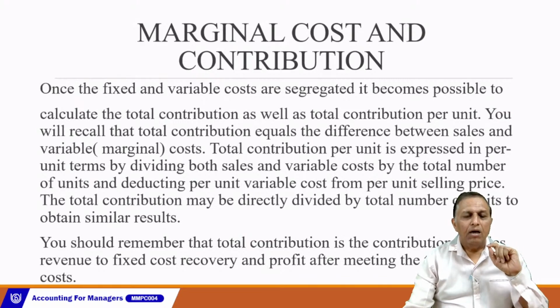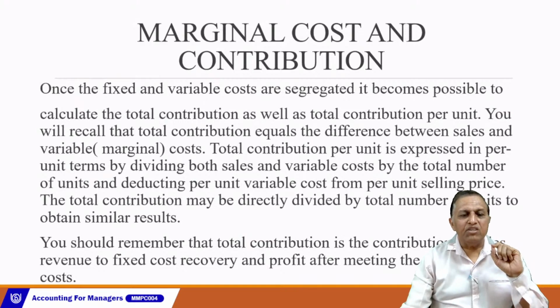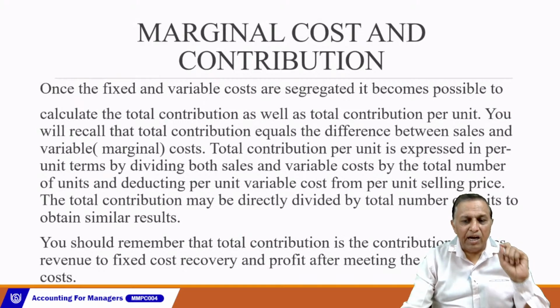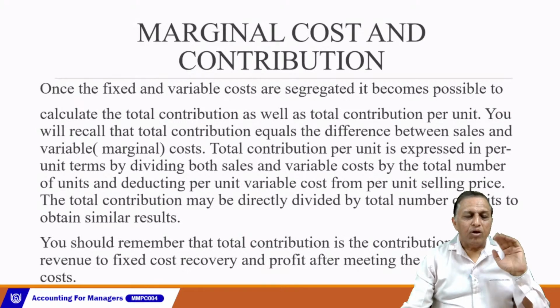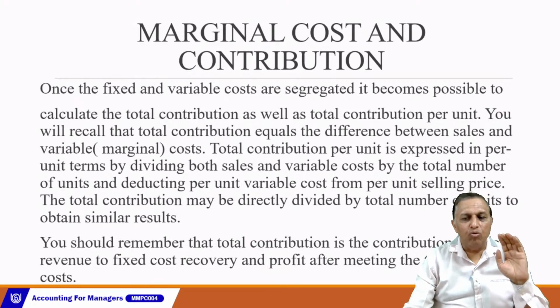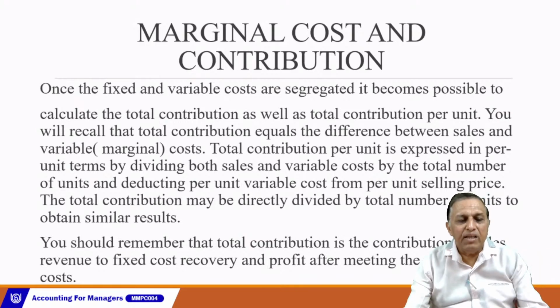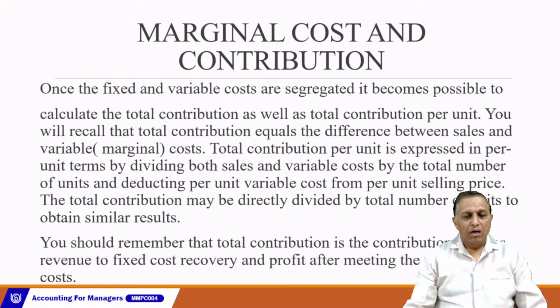That means the contribution is a mixture of fixed cost and profit, because as of now we have only reduced the variable cost. So once we reduce the variable cost, we come to know the contribution, and once out of the contribution we reduce the fixed cost, we get the profit on the given sale.